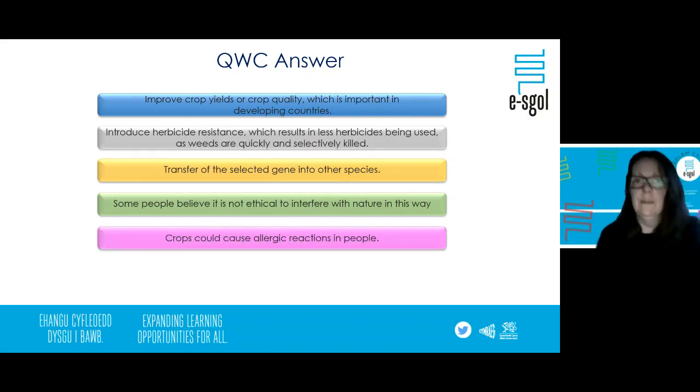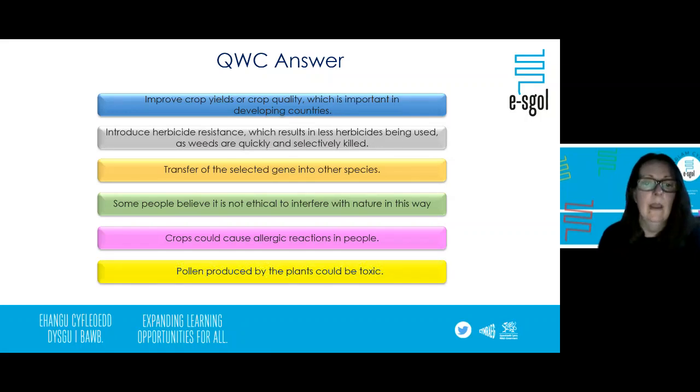If the crop has been altered, it could cause allergic reactions in people. So that's something that would need to be tested and evaluated before any crops were released onto public sale. And the pollen produced by the plant could be toxic.